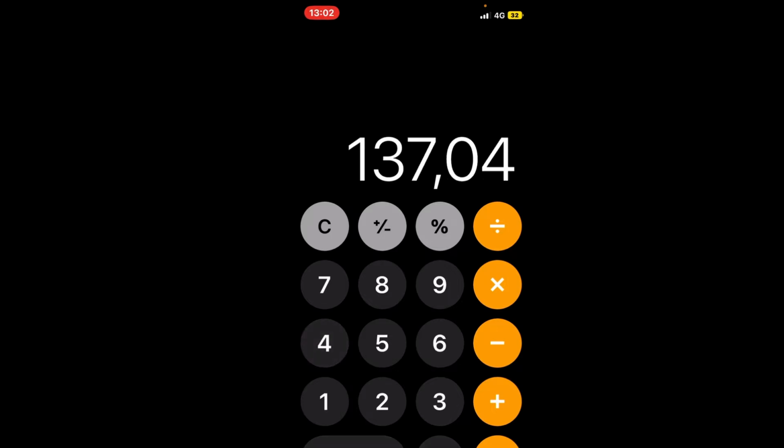Maybe we buy like 10 Monero. That will be times 10. We bought the equivalent of 10 Monero for around $1,370.40.